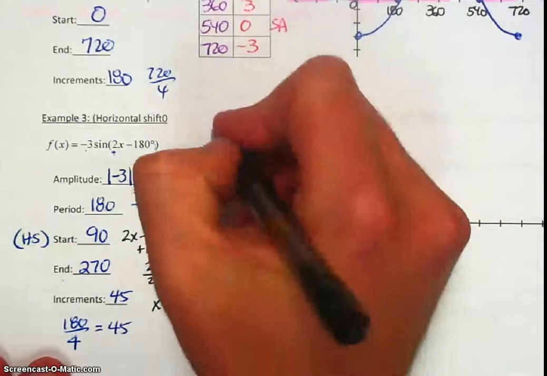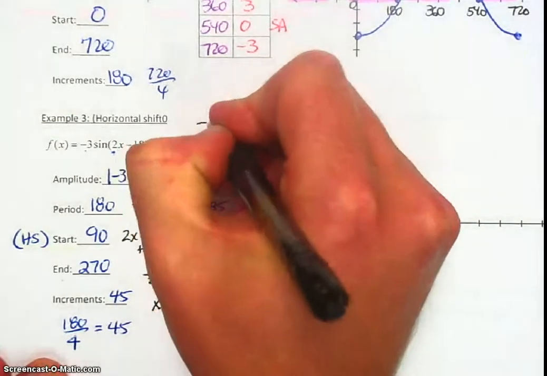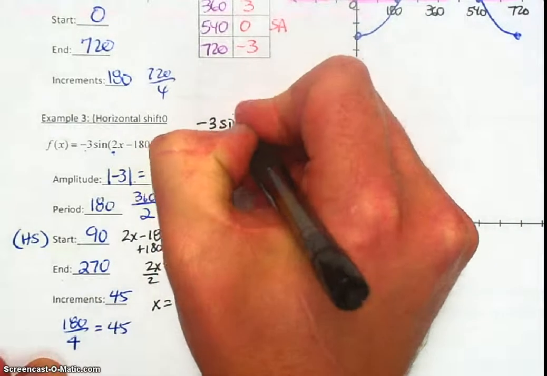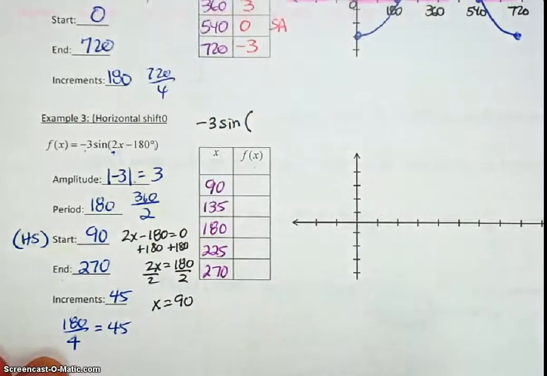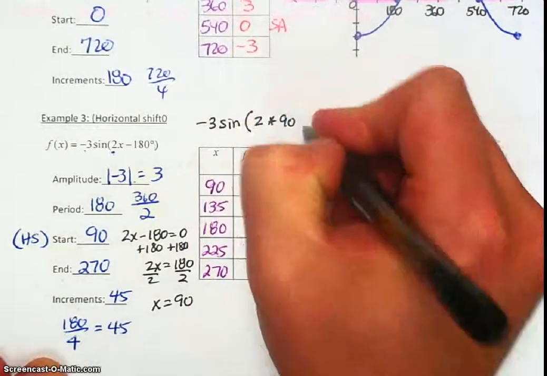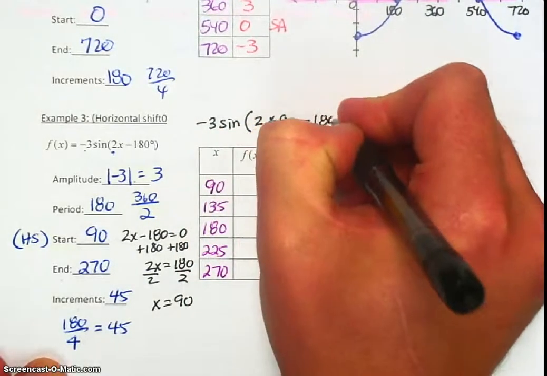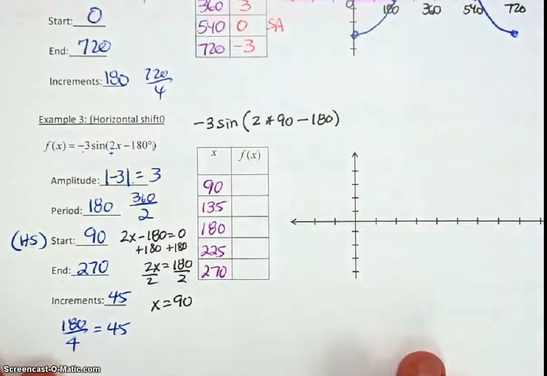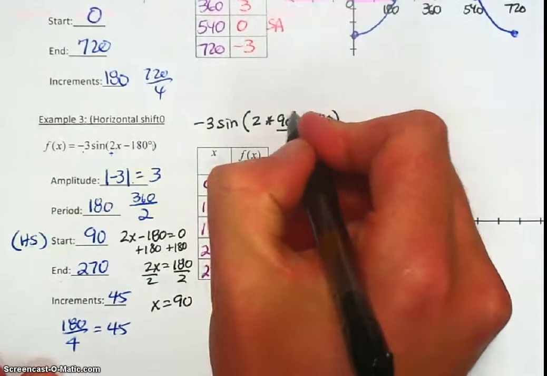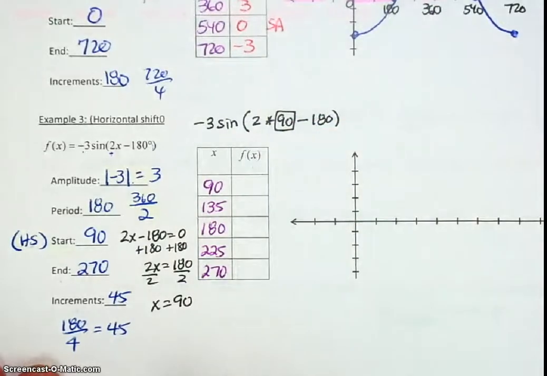If I'm typing in the 90, I'm going to put in -3 into my calculator, sine, and then that parenthesis pops up. Now, the way I would type it in is to do 2 times 90, then minus 180, like that. Okay, and then you can just change out the 90 here with 135, 180, 225, and 270.